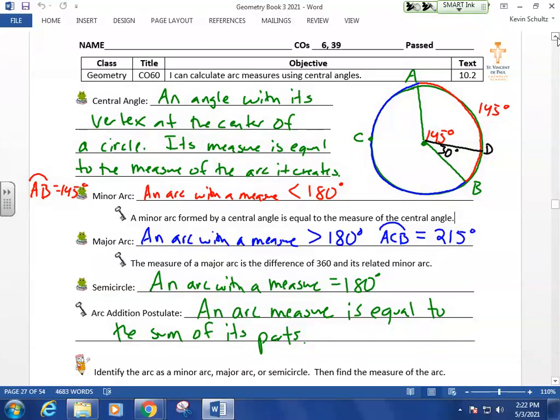If that angle to the center, D and B, is 30 degrees, what's the measure of arc AD? Christopher? 115. Okay. The 30 degrees here plus the 115 of, I should label this, AED has to equal the 145. So same kind of thing that we've talked about before with angles and segments.